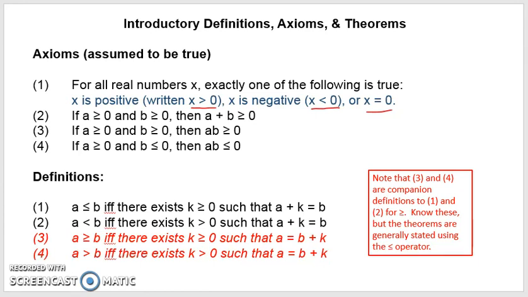Okay, with these axioms, again, axioms are things that are assumed to be true, we can talk about some definitions. What does it mean for one number to be less than or equal to another number? All right, so this is definition 1.